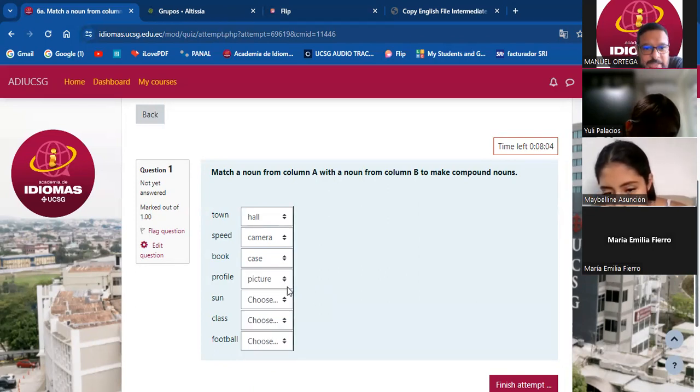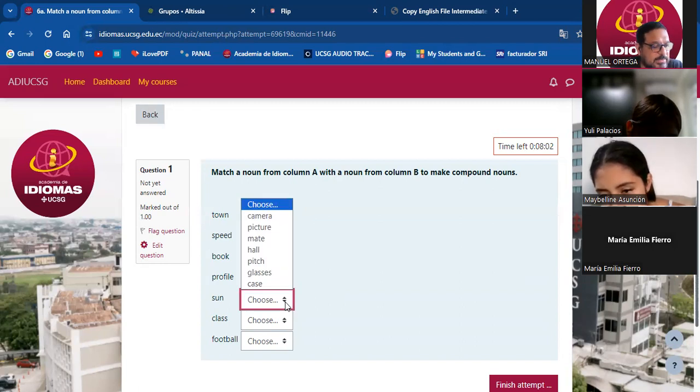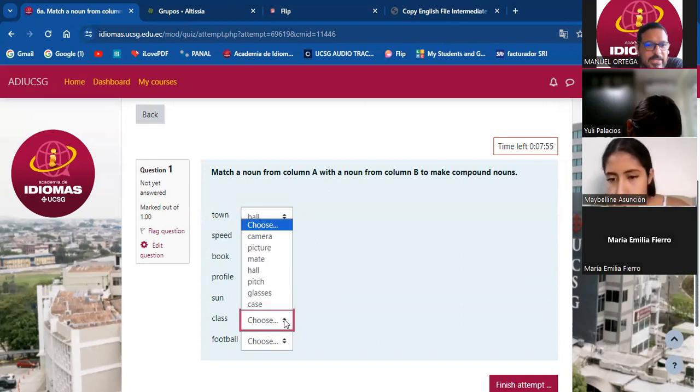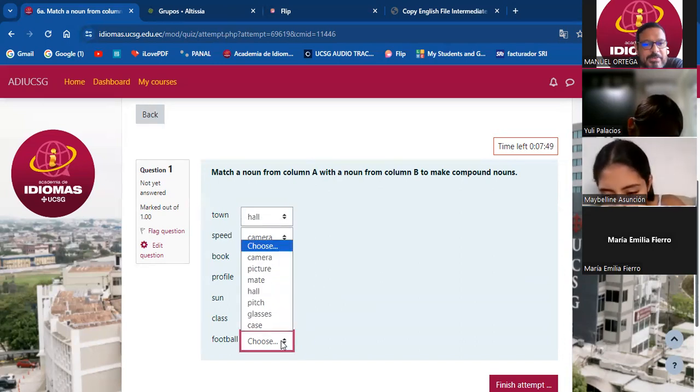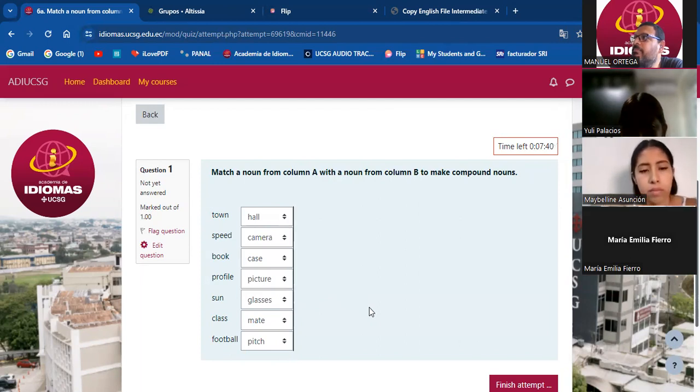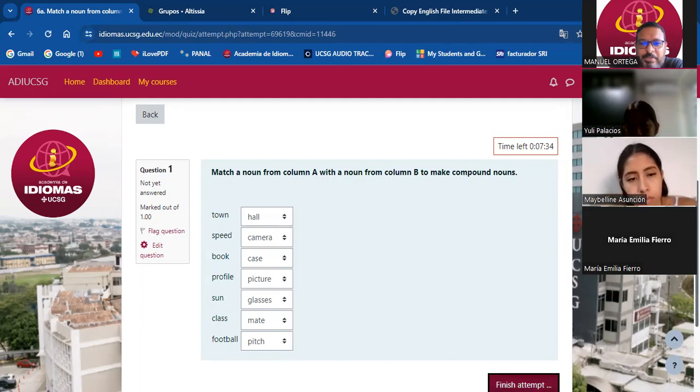Then we have sun glasses. Sunglasses, gafas. Class mate. Classmate, compañero de clase. And finally, the one that is missing, football pitch, el campo de fútbol. Football pitch, with the letter P. I finished my attempt on this one.